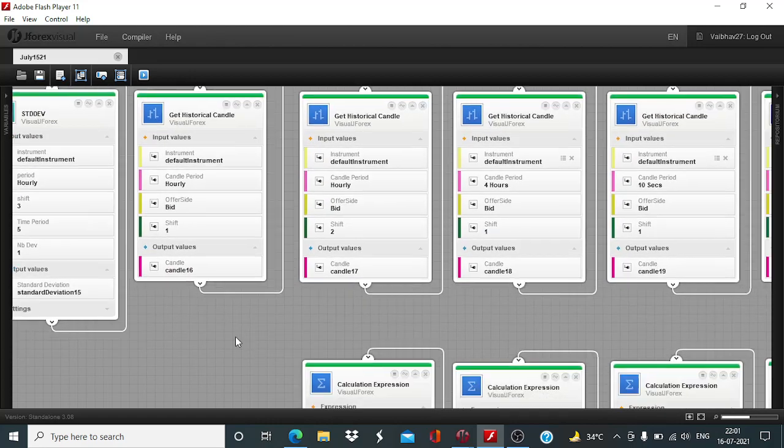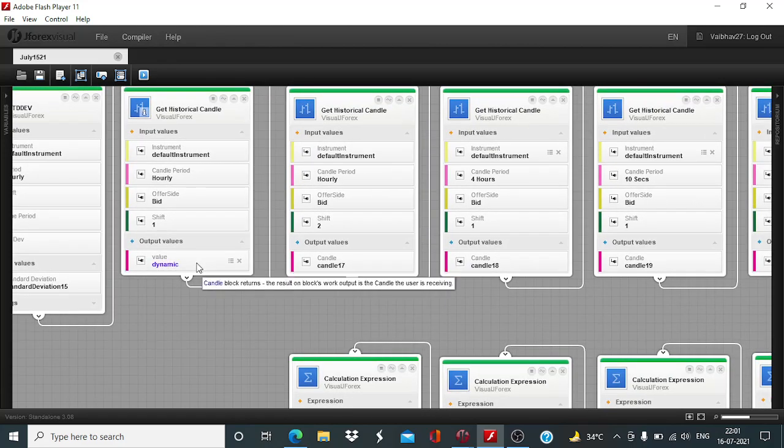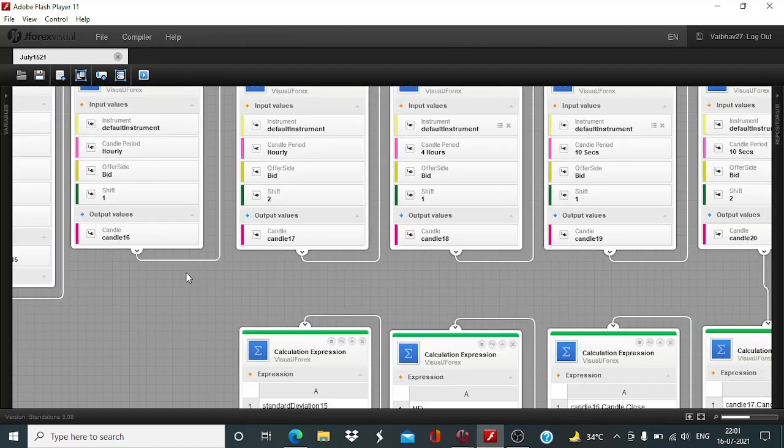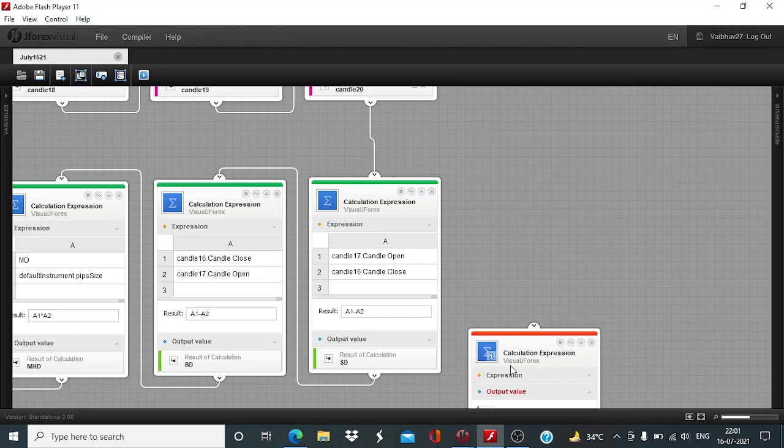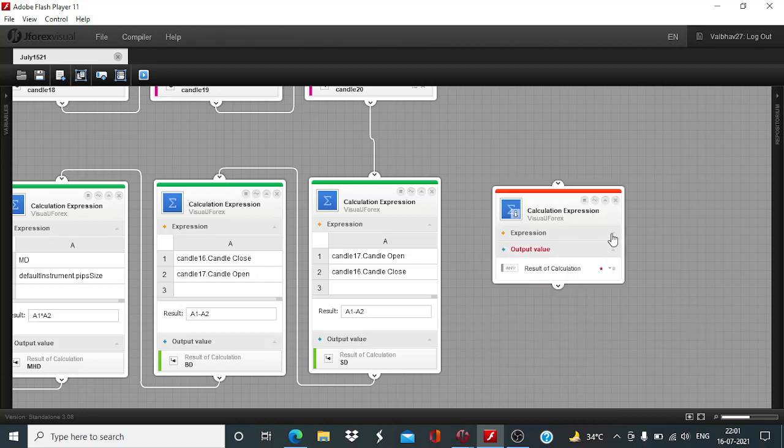We will need the difference between candle 16's candle close and candle 17's candle open, and we will take half of it and deduct it from the last tick price, which will be our entry point, entry price.